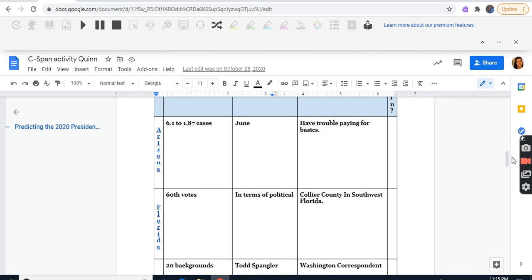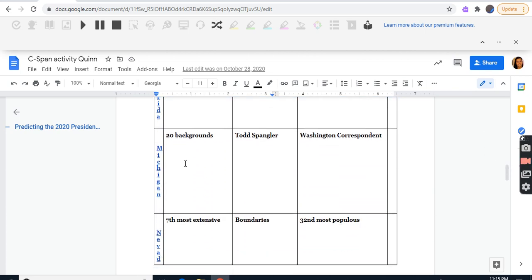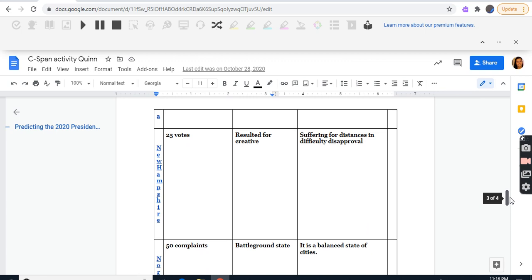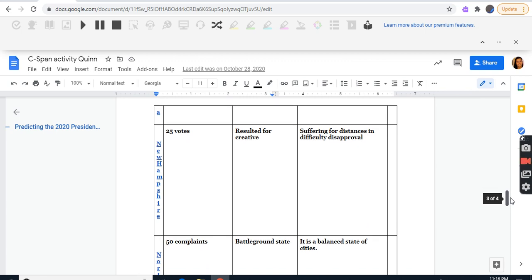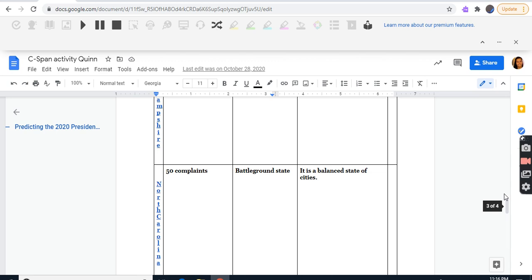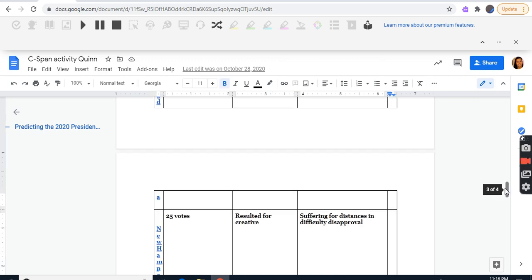Arizona. Florida. Michigan. Nevada. New Hampshire. North Carolina, a battleground state.